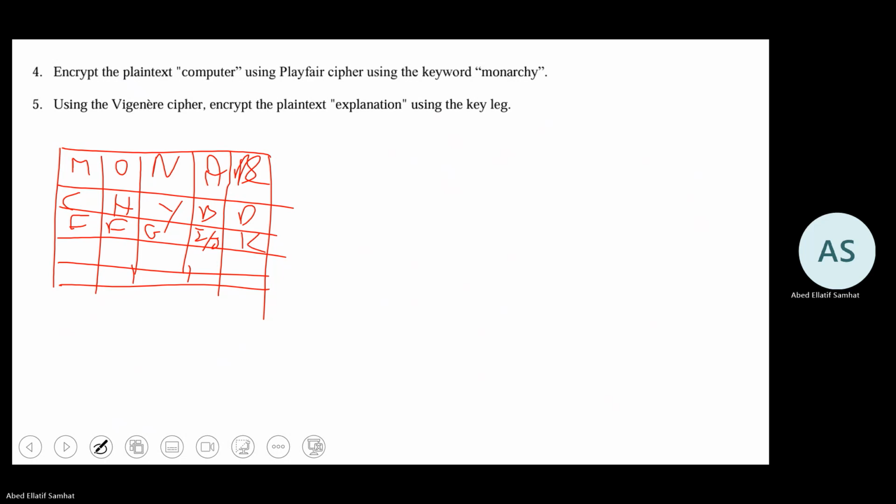K, L, M, N, O, P, Q, R is here, S, T, U, V, W, X, Y is already here, and Z. So we want to encrypt, so we have to consider the plain text computer.